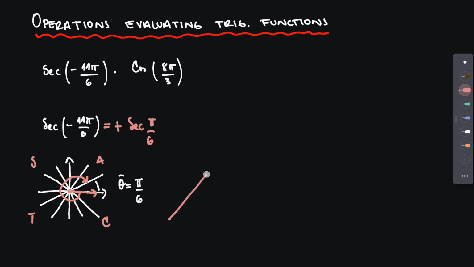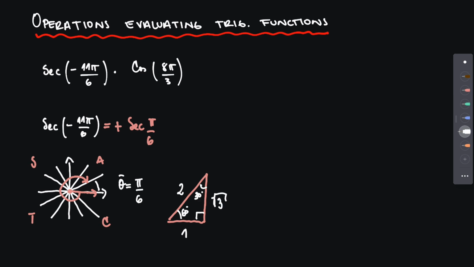And for that, we can draw our special triangle, or special 60, 30, and 90 triangle, right? In which we know that this base is 1. The hypotenuse is always twice, so 2. And the third side is going to be square root of 3.